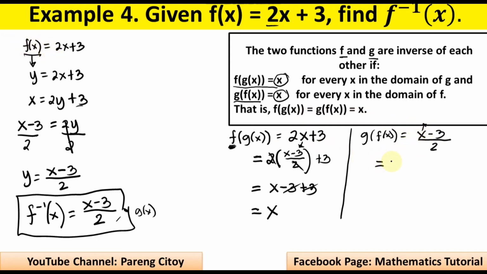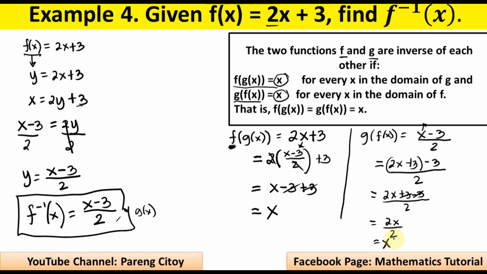So si x magiging 2x plus 3 minus 3 over 2. Then simplify, so we have 2x plus 3 minus 3 over 2 equals, so 2x, ito ma-eliminate, over 2. So what is your answer?